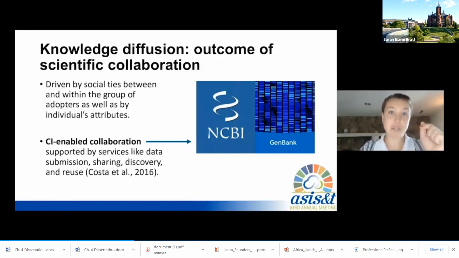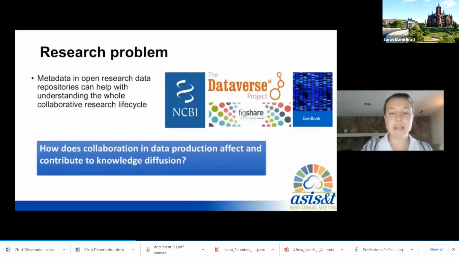What we found in our previous studies of CI-enabled collaboration is that scientists are emerging as a certain community around these cyber infrastructure-enabled structures and databases. To pursue this research a little further, like I mentioned in the beginning, publication metadata is often used as the primary data source to understand scientific collaboration and knowledge diffusion.